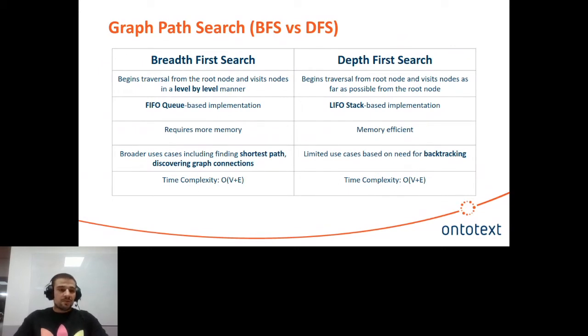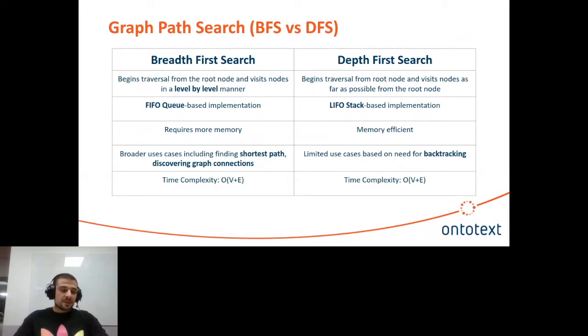functionality, where breadth first search is used in more of a level by level traversal manner. It is usually implemented with a first in, first out queue, and because of that, it usually requires a lot more memory, since when we are traversing adjacent nodes, we have to store them in this queue.